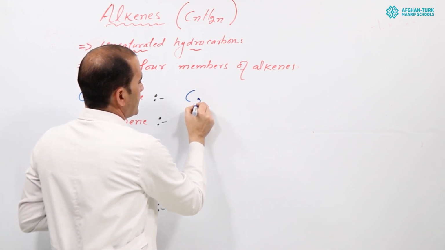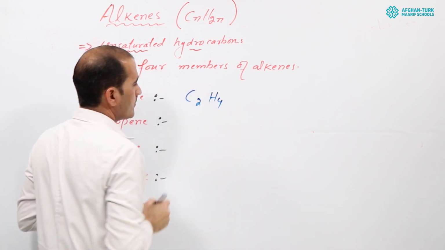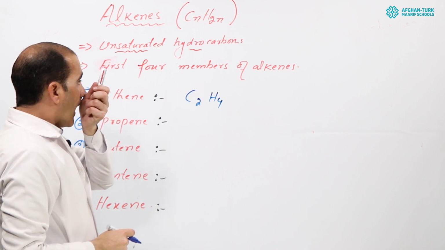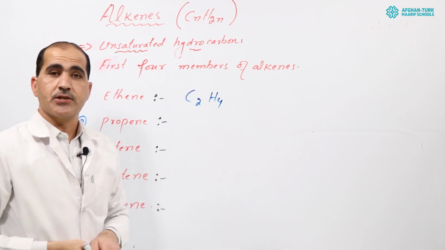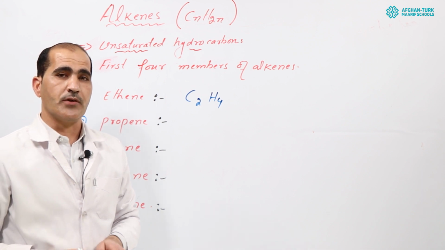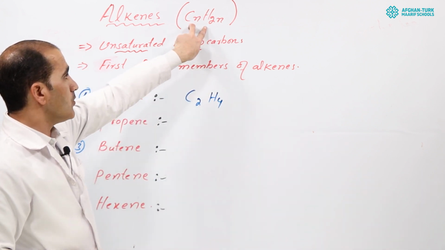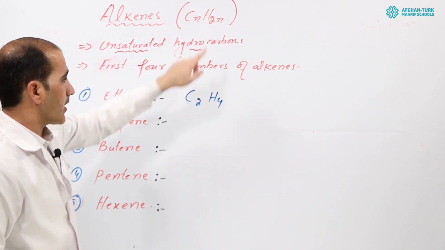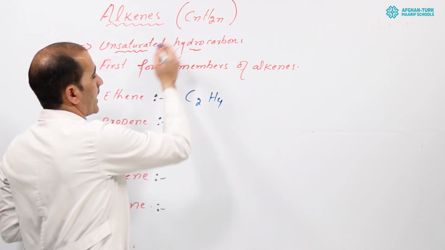Their formula is C2H4. How? If someone asks you to write down the formula of ethene, how will you prove it from the general formula? Here n means the number of carbons, so n is 2.